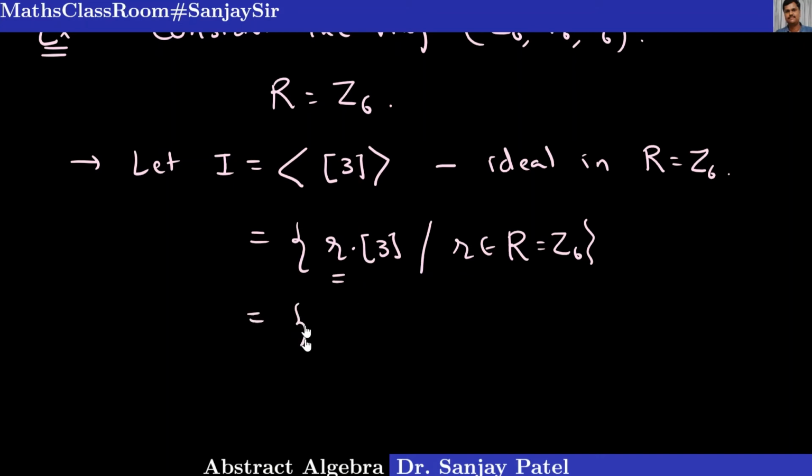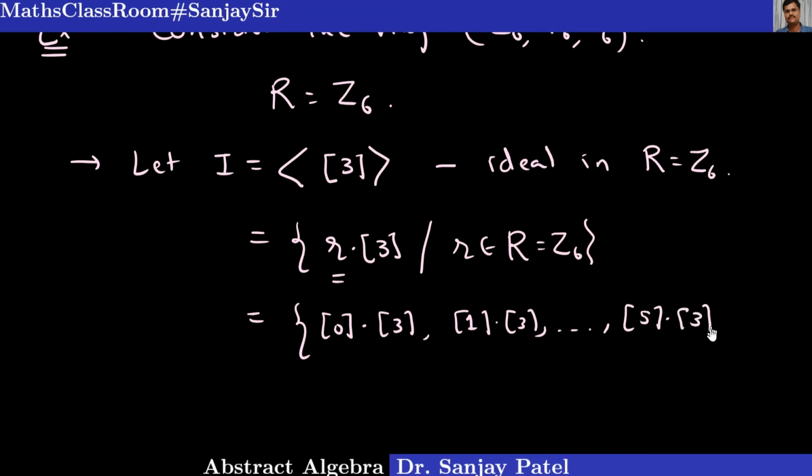If you put R equal to class 0, you get class 0 into class 3, and class 1 into class 3, and so on up to class 5 into class 3. Remember this dot is the multiplication operation of the ring Z6, which is dot 6.